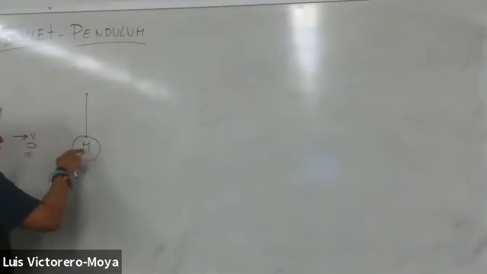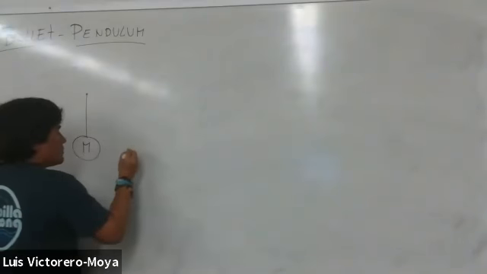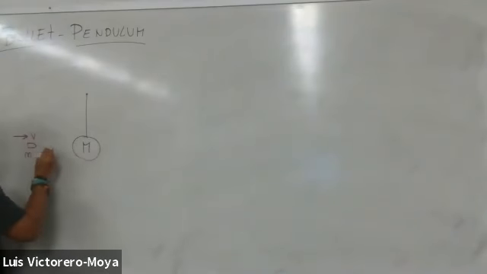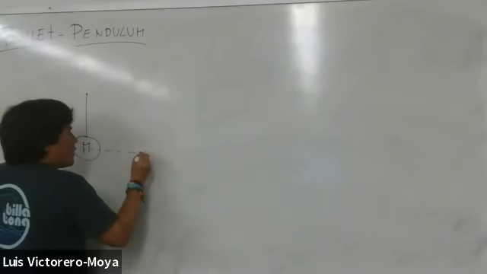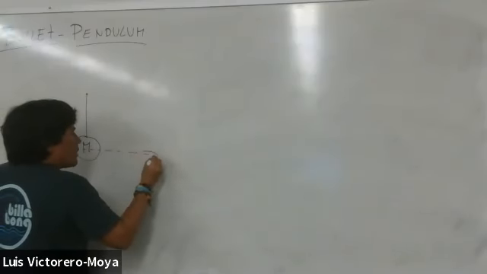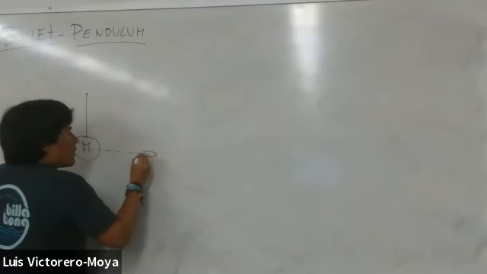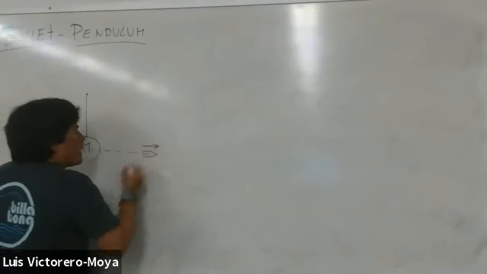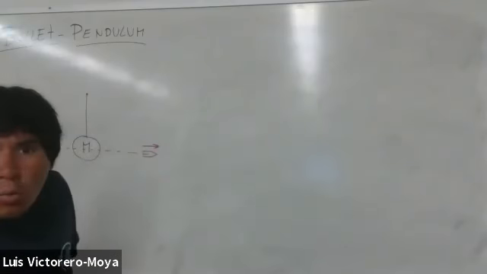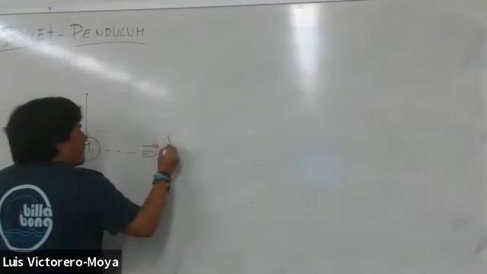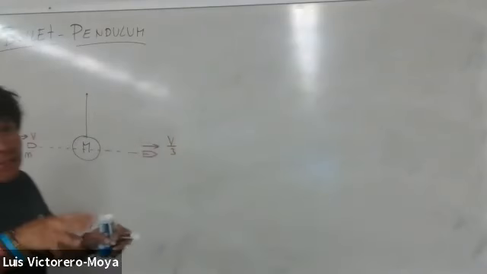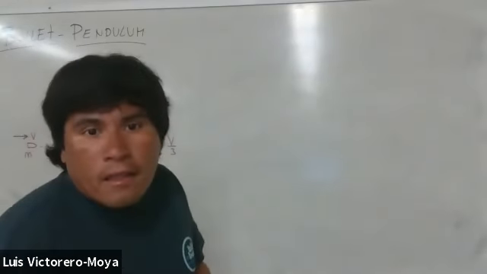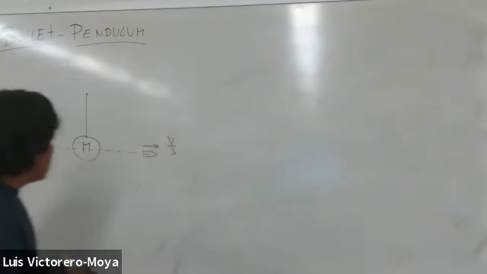The bullet goes through the pendulum, and it leaves the pendulum with velocity v/3, because there's a transfer of momentum because of the collision. By the way, this is length L.